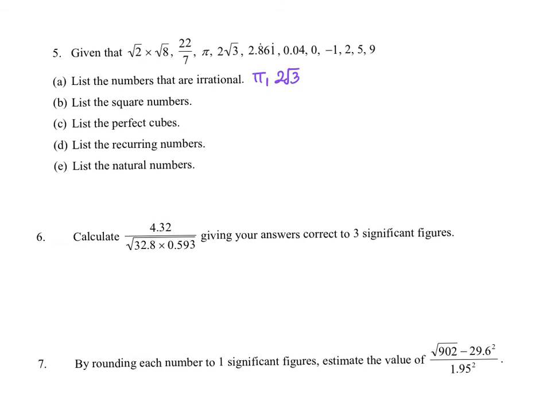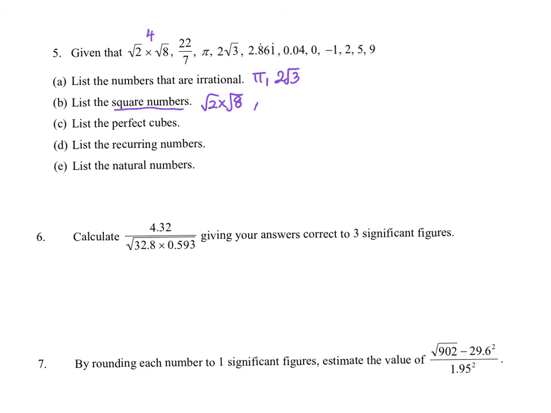But what about square root 2 times square root 8? It's actually the number 4. 4 is a perfect square. Square number means a perfect square. So the square number is square root 2 times square root 8, that's the number 4. What other number can I take square root?